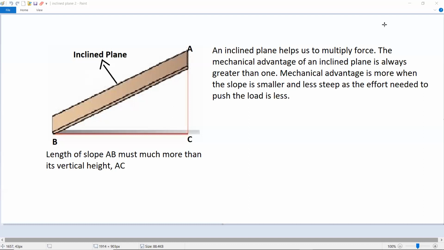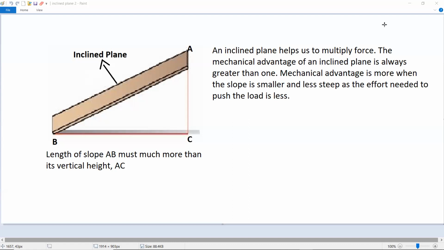An inclined plane helps us to multiply force. The mechanical advantage of an inclined plane is always greater than 1. I repeat, the mechanical advantage of an inclined plane is always greater than 1.